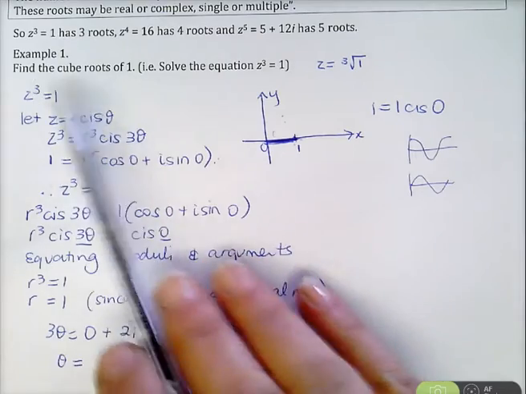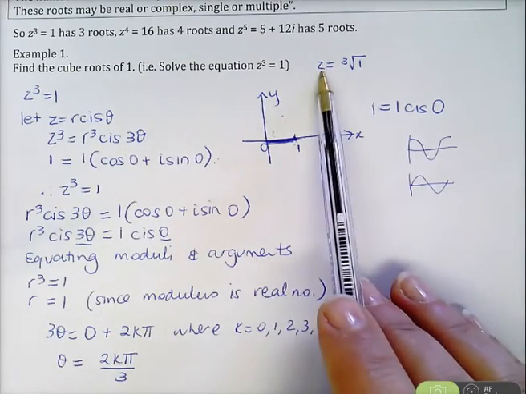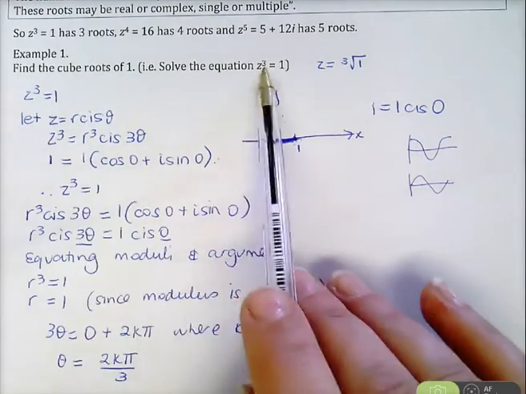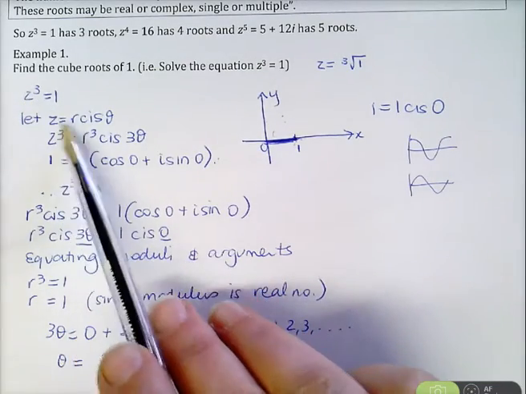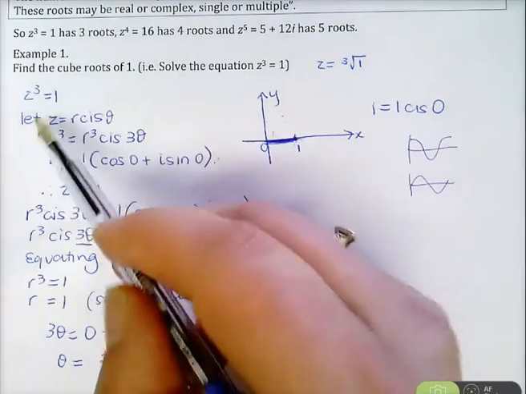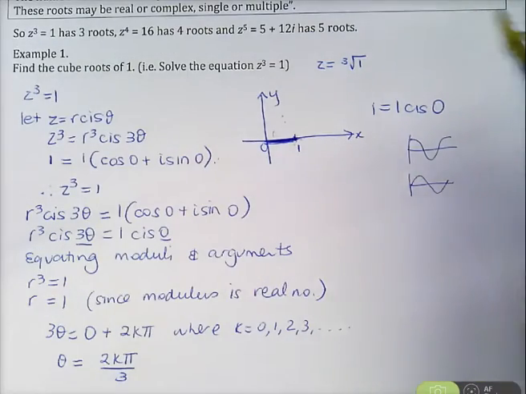Now remember, we're trying to find the cube roots of 1, so we're really trying to find z. We solved the equation z cubed is 1, and all the z's will be the solution to this equation. We're expecting 3 solutions.